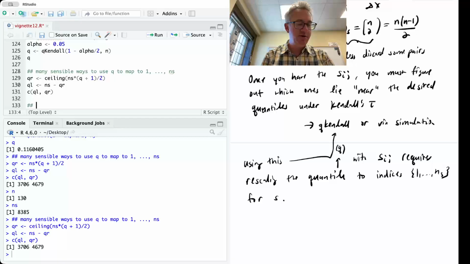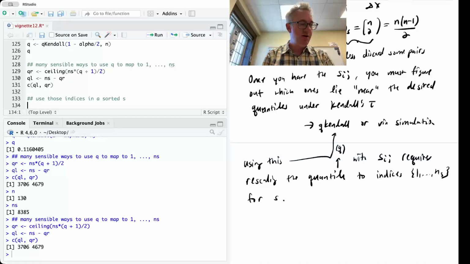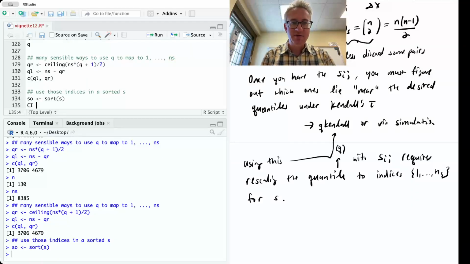Okay, then I need to use those indices in a sorted S. So I'm going to sort the S's, and then I'm going to extract as my confidence interval the QRth one and the QLth one.